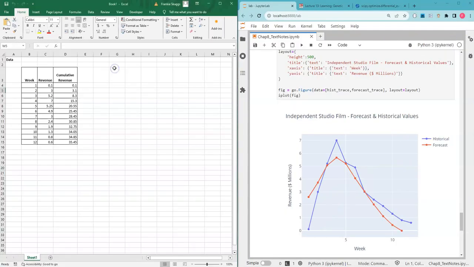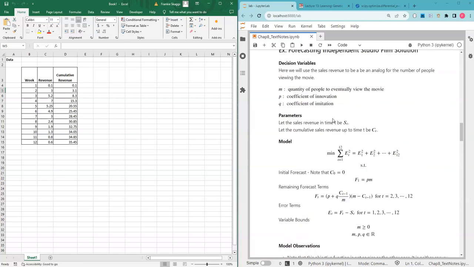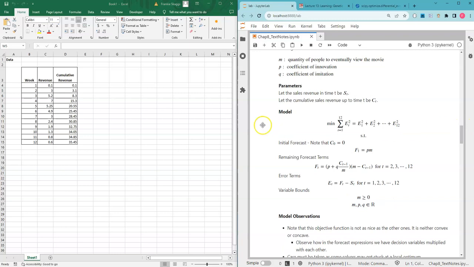Let's see about implementing this inside of MS Excel. I'll put these side by side here, and one of the things I'll want to be able to see as I work through this is our model. I've already transferred the data as usual just to cut down on a little bit of time. Starting over in Excel, what I want to start with are the decision variables.